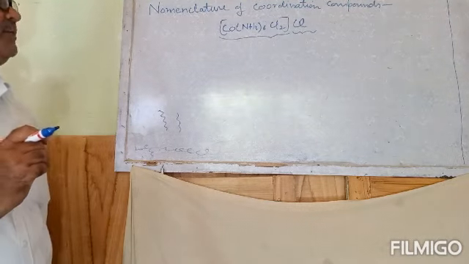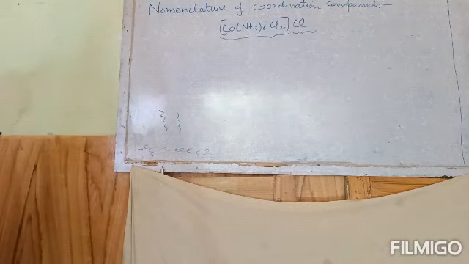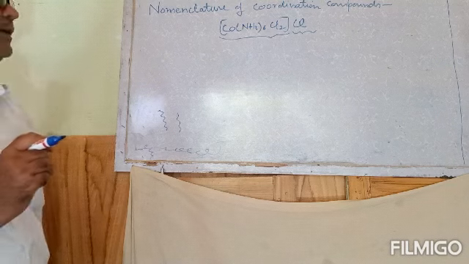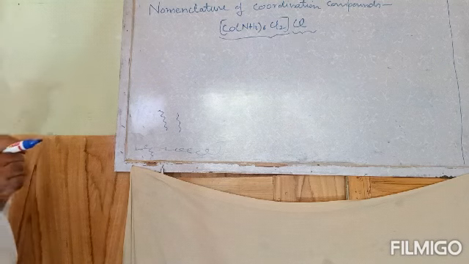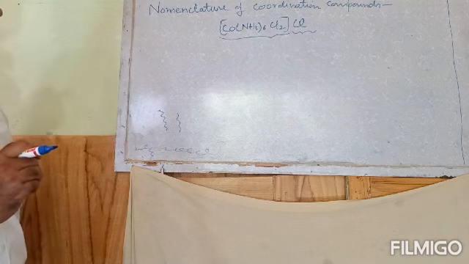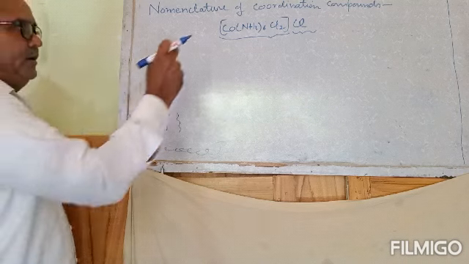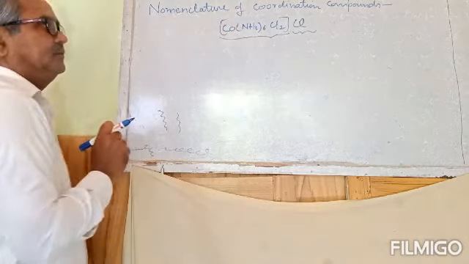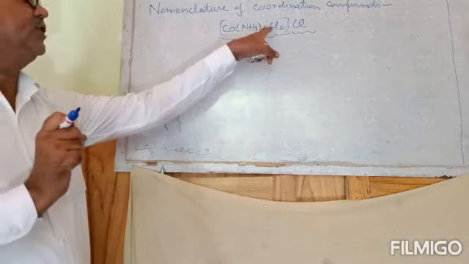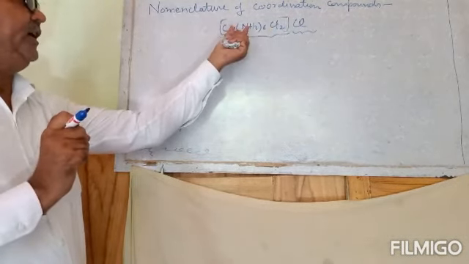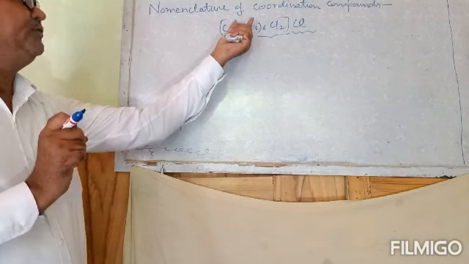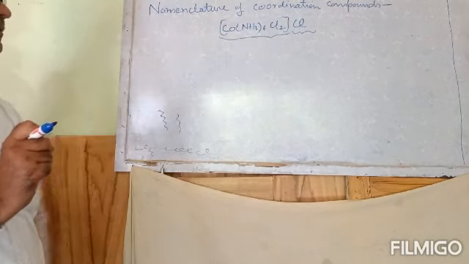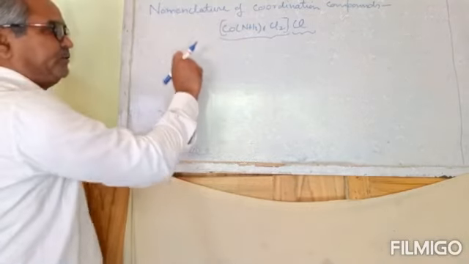While naming the cationic part, first we name the ligands, and the ligands are named in alphabetical order. So this is ammine and this is chloride. A comes before C in alphabetical order. Therefore, ammine will be named first.